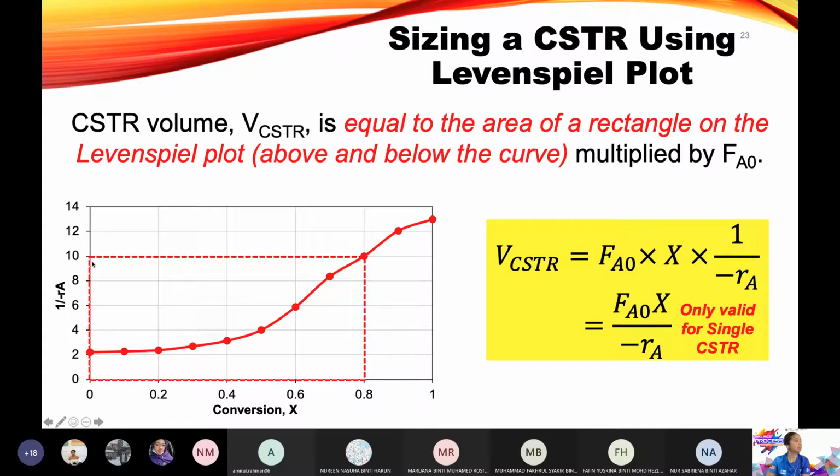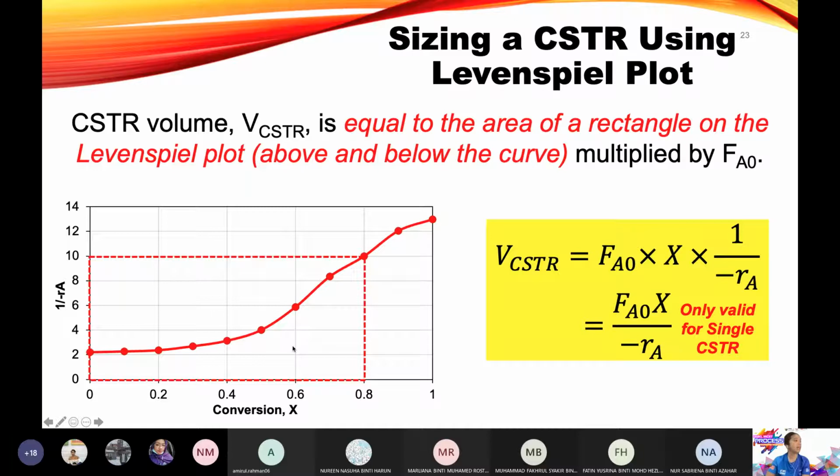Okay, if you realize this red box, if you want to find the area, luas untuk kotak merah ni, you have to multiply, panjang darab tinggi kan. So, the length is X, the height is 1 per minus RA. So, the area of the red box will be length X multiplied with 1 per minus RA.